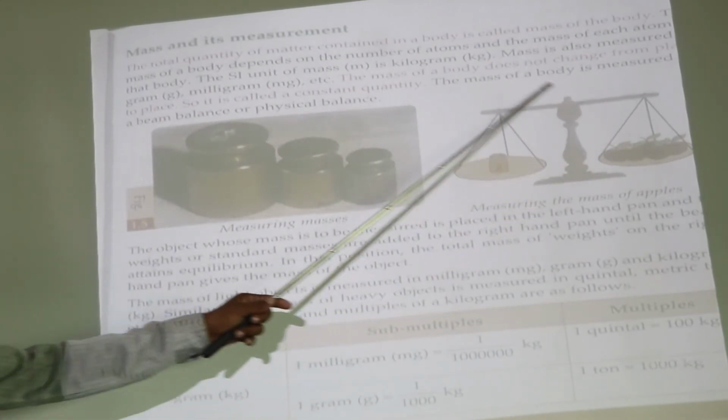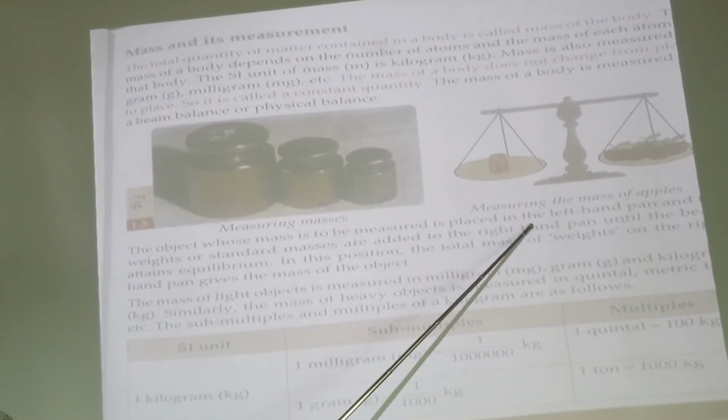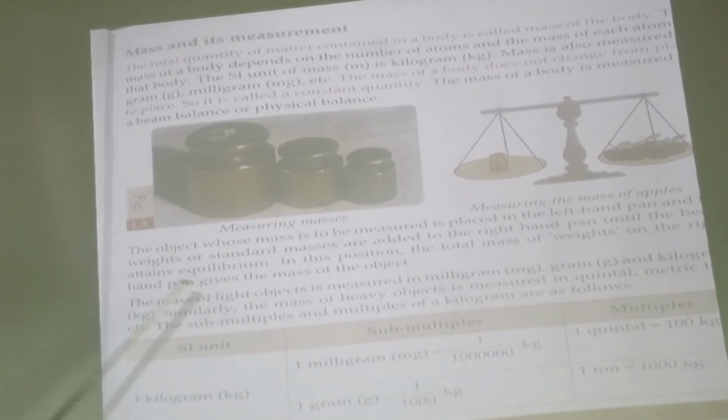The object whose mass is to be measured is placed in the left hand pan, and the weight or standard mass is added to the right hand pan until the beam attains equilibrium.